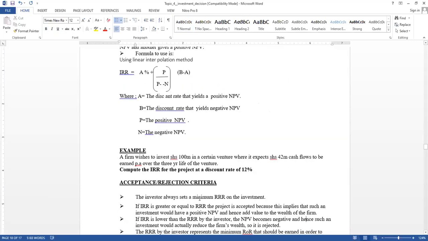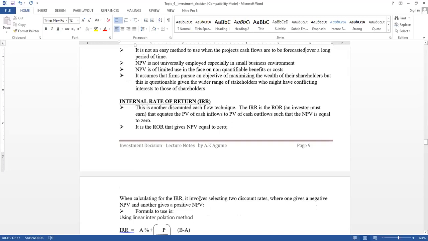Now, another method is the internal rate of return, IRR. The internal rate of return is the required rate of return that an investor must earn.